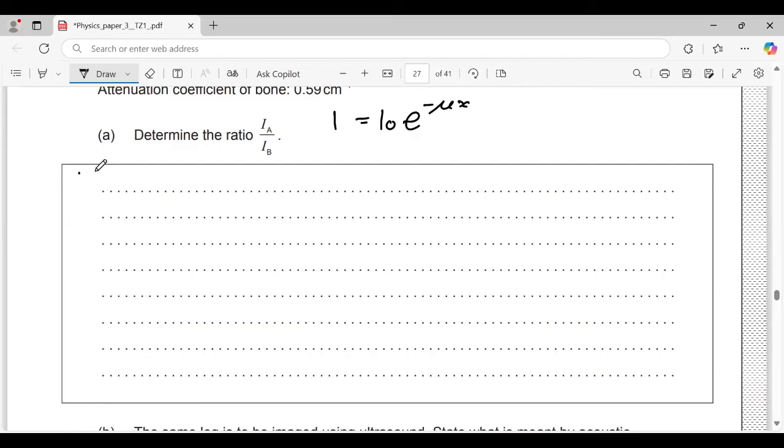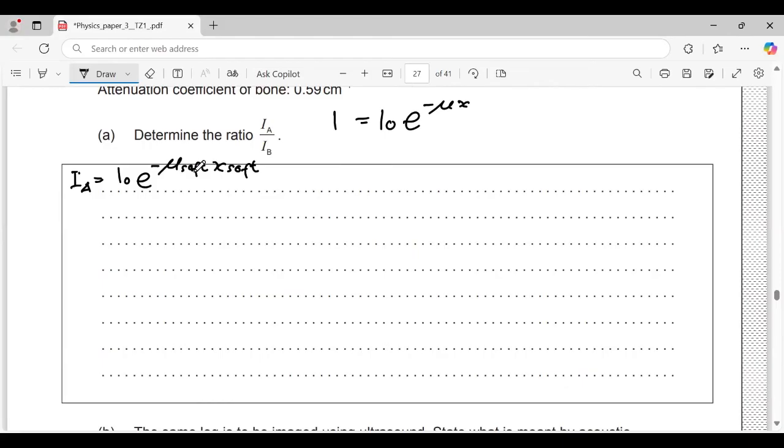For ray A passing through 20 centimeters of soft tissue only, we can determine the intensity of ray A: IA equals I0 e power minus mu soft times x soft.